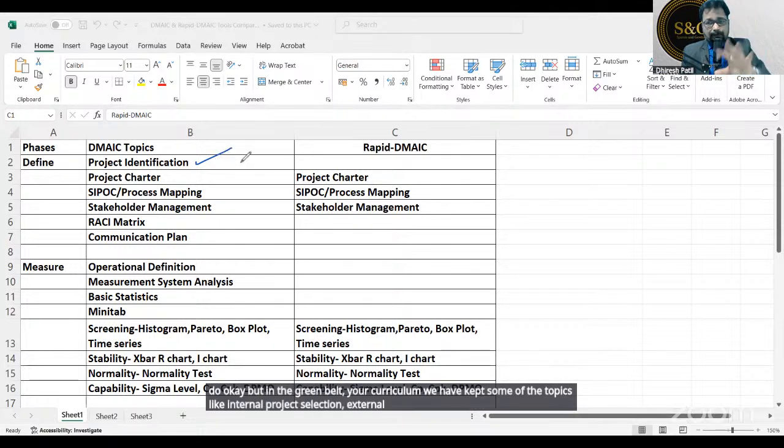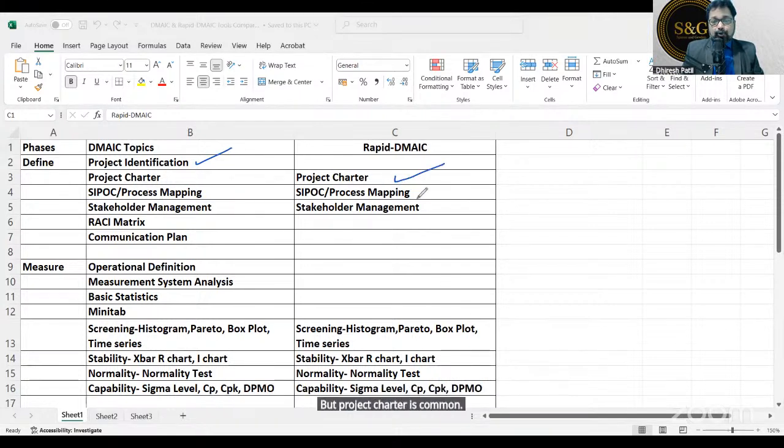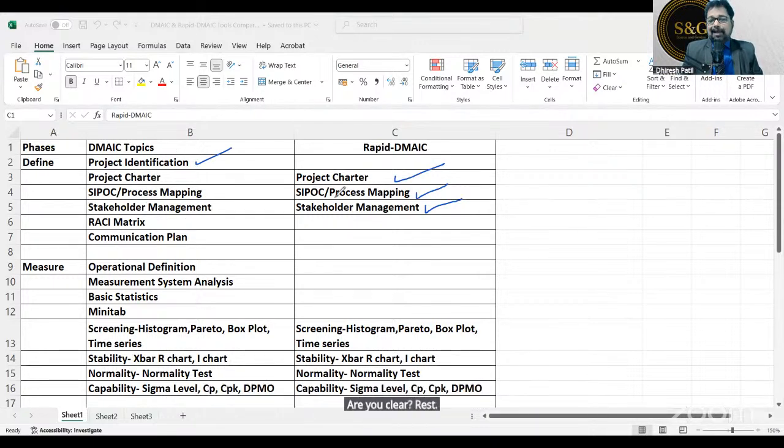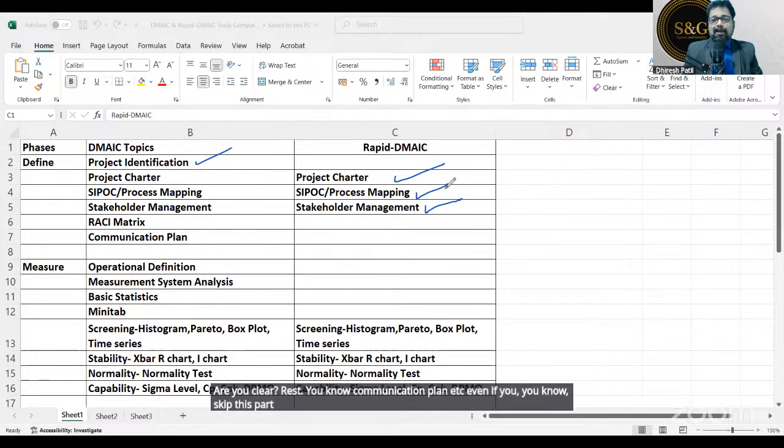But the project charter is common. SIPOC and process mapping are common. Stakeholder management is common. Are you clear? The rest, like the communication plan, even if you skip this part, it's okay with the rapid DMAIC model, because rapid DMAIC is a very, very fast-paced model where we meet.